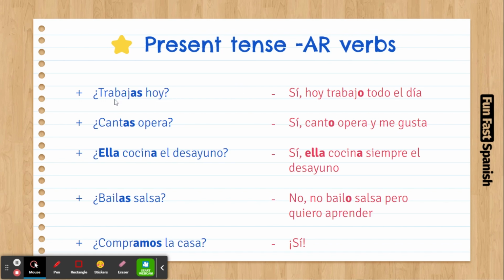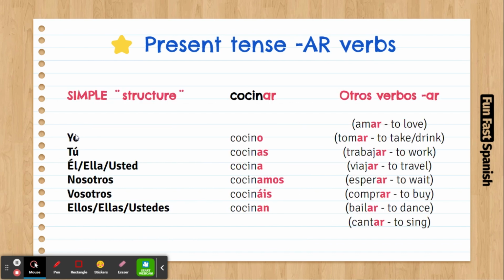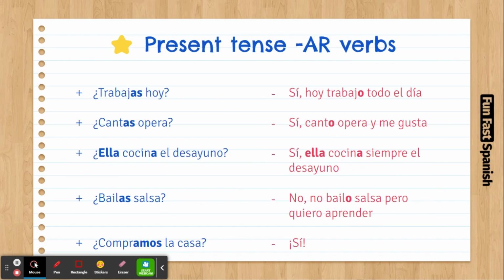So you say, okay, ¿trabajas hoy? Oh, a question. So you can go back and say, oh yeah, tú trabajas. So you can make sure, double check that what you're learning is correct. So it's really good that you have a look at these questions and answers.